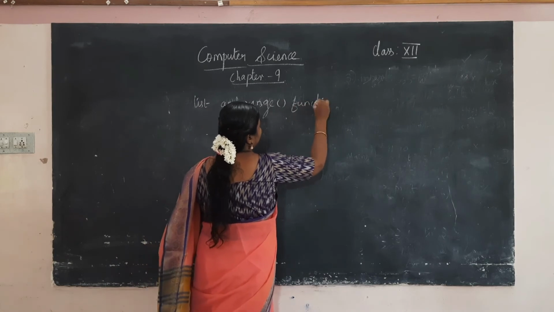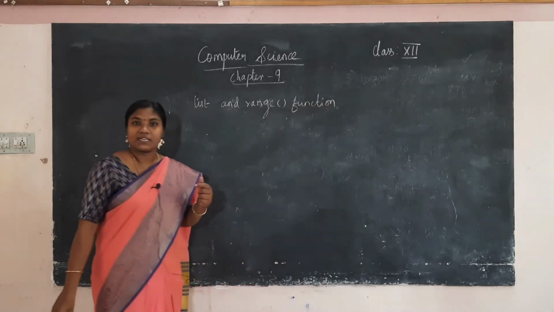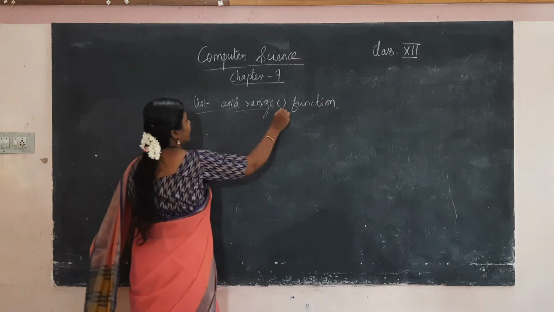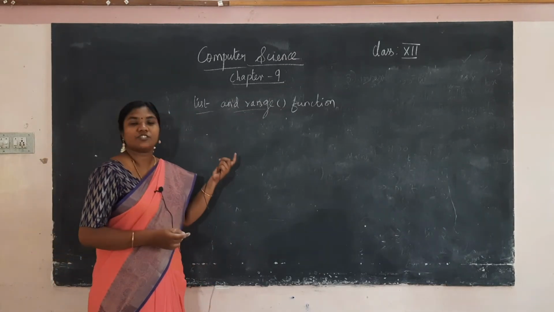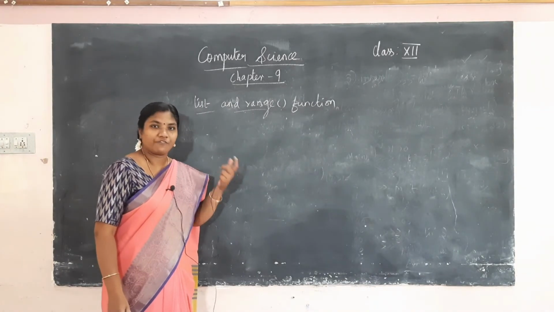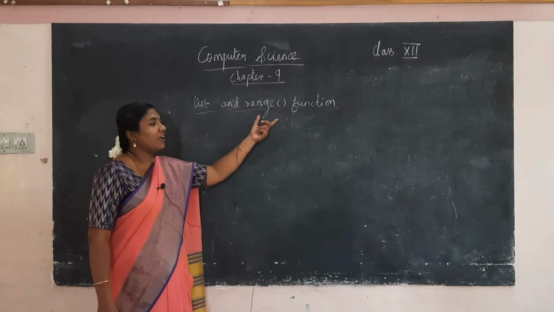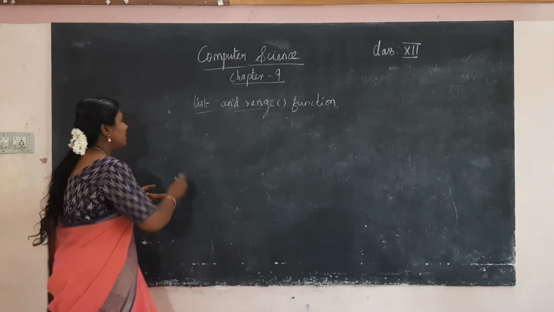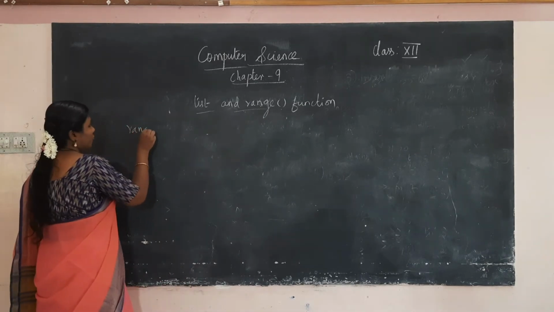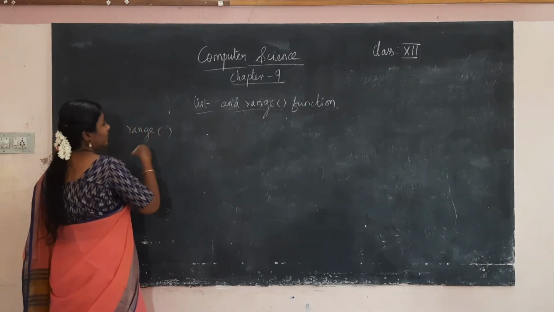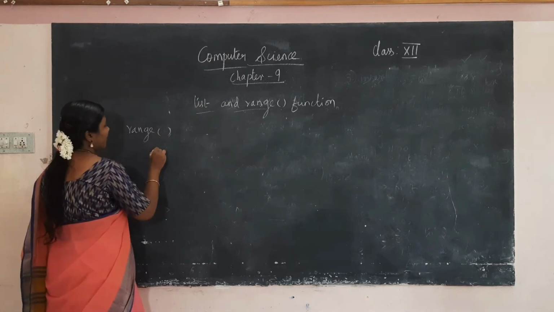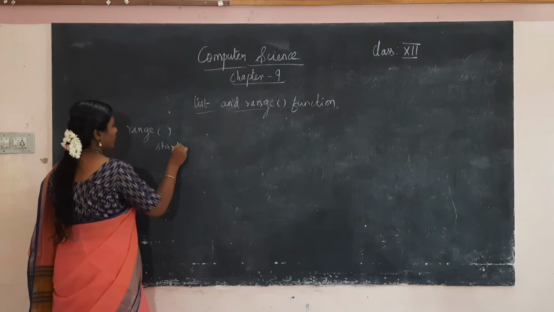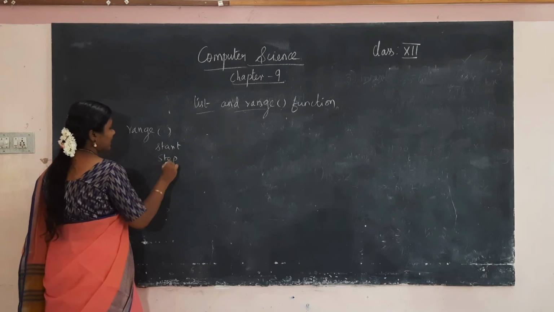So for a list also you can use the range function. So how can we use the range function? Range function most probably you will be using with for loop. Okay. So what are all the parameters of the range function? You already know, you have learnt in the for loop. For the range function you will be having start value, stop value and the step value.